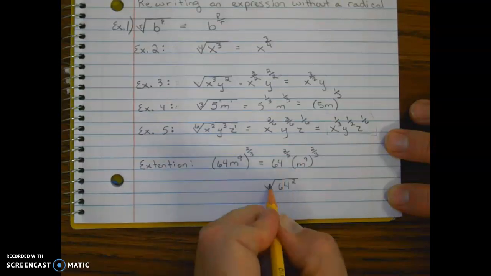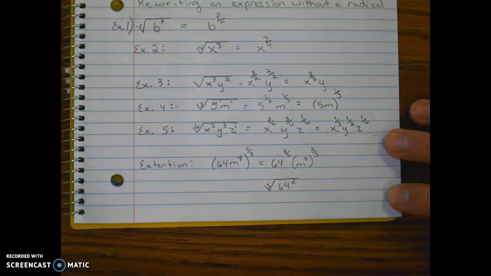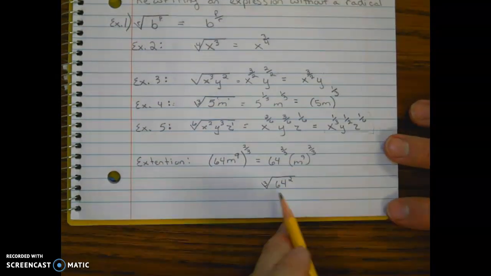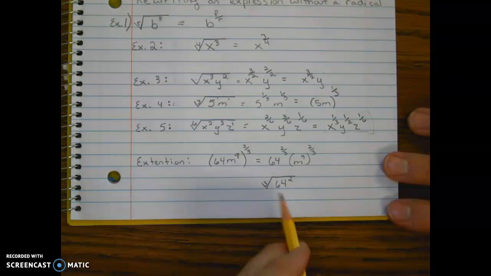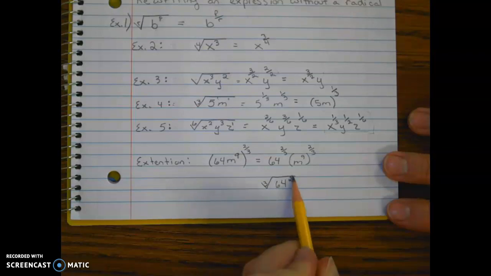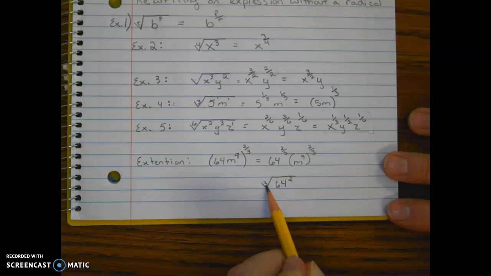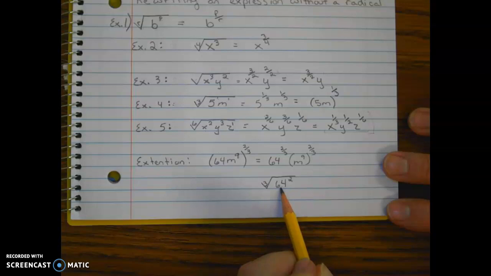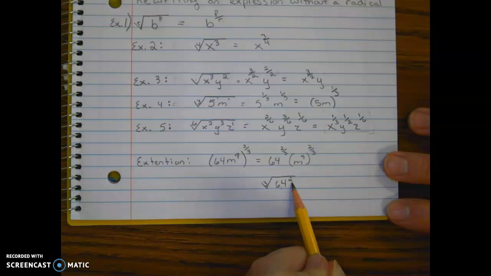And then the 3 is the root. So now it's your choice. You can either square it first, which would give us a pretty large number, or we could cube root it first. I would try cube rooting it first before squaring it. We want to try to make it smaller before we make it bigger.